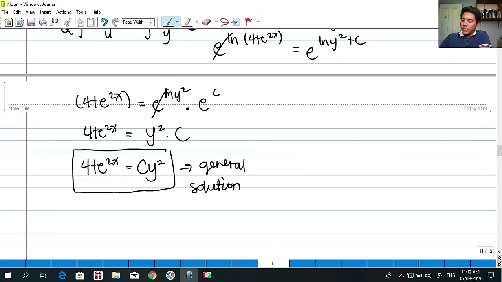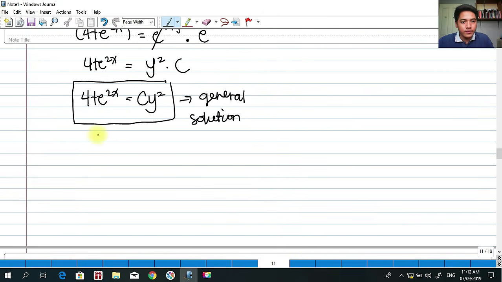Let's try to solve another problem. Number 6, we have m dx is equal to n dy. As you can see here, m and n are actually constants because we are concerned with integrating in terms of dx and dy.